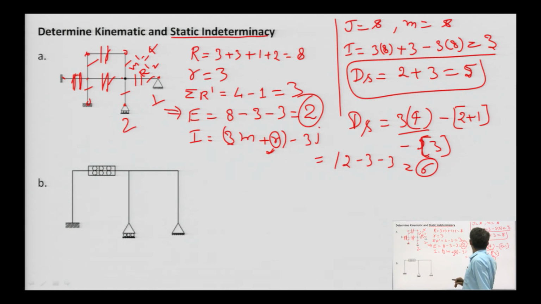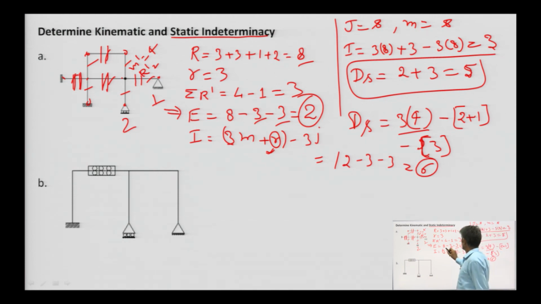I think there is some calculation mistake, check it out, because both answers will be the same. Let me check: capital R 8 minus 3 minus 3 is 2.